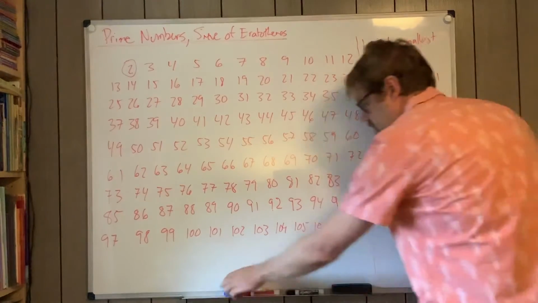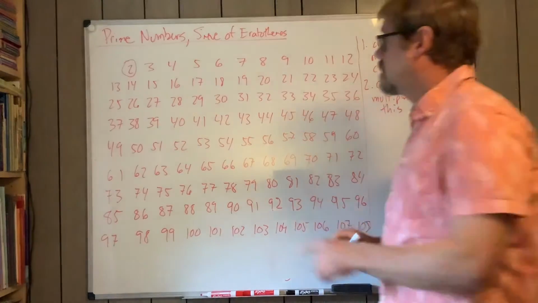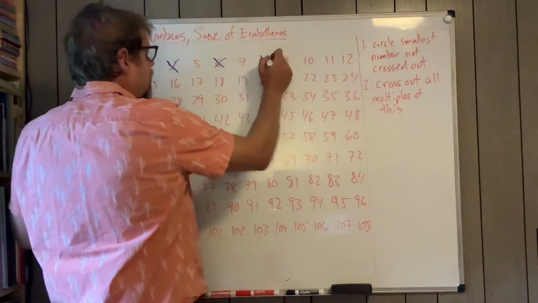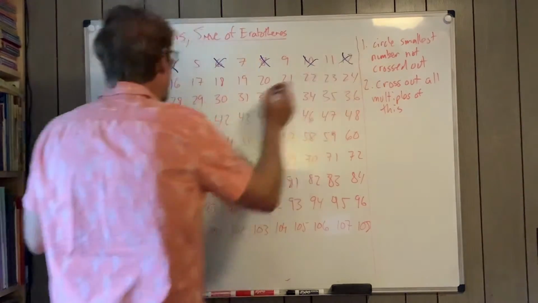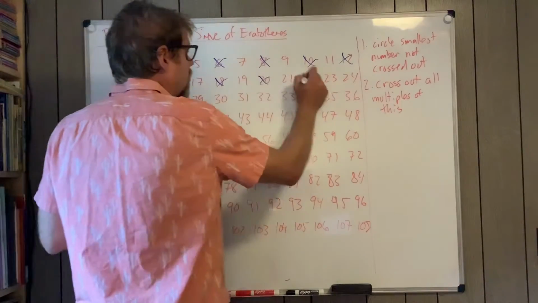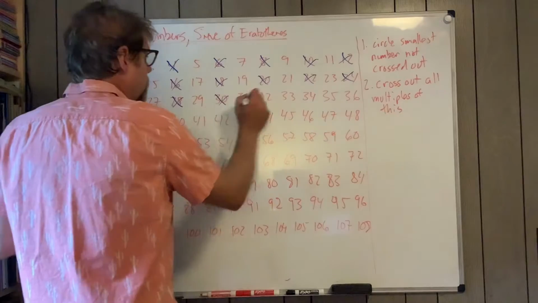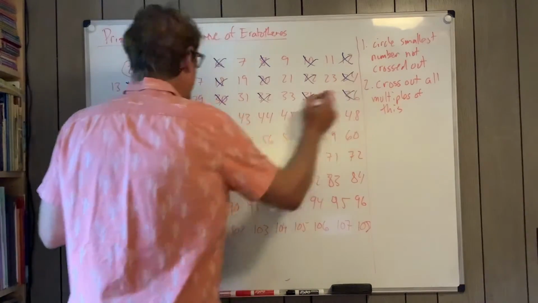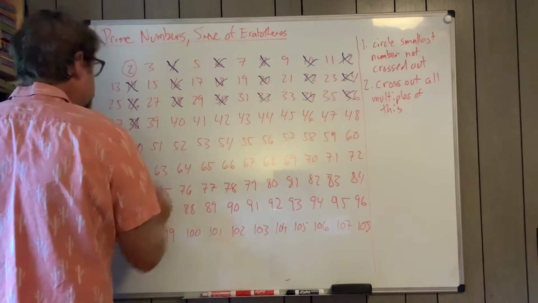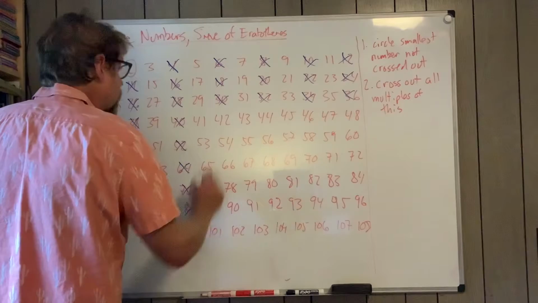Okay, so let me switch colors here. So 2, and I can think about just skip counting. Now this is pretty nice. I've actually set this up in a way that for 2s, and actually for 2s and 3s, this works quite nicely.